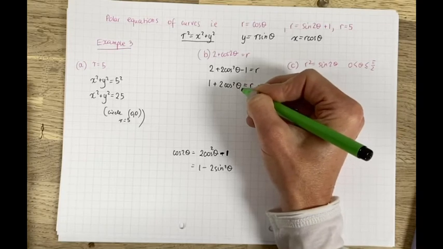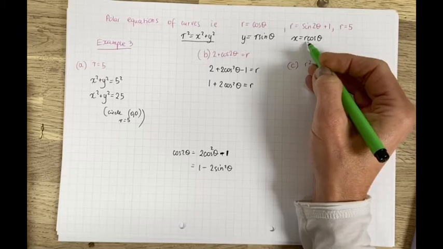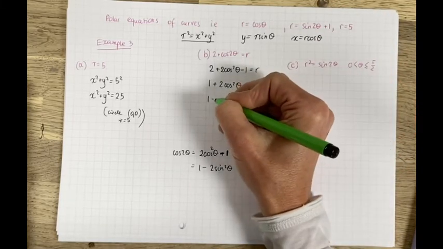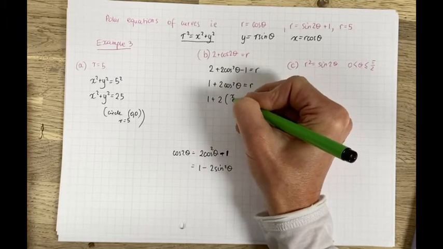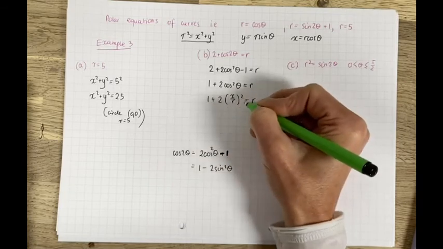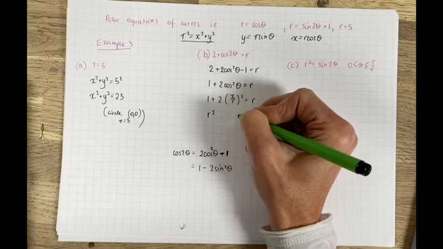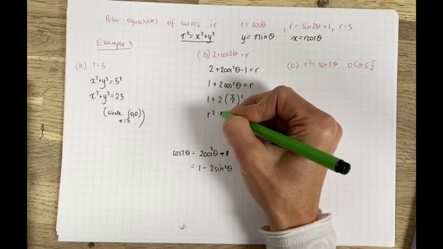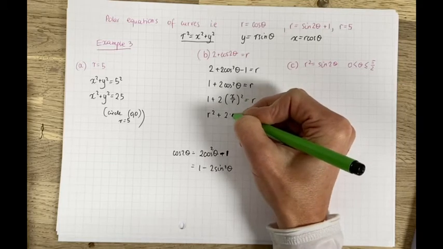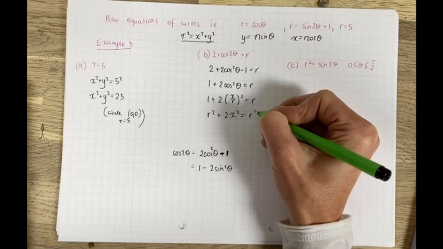Now that's still not very helpful, so one way of doing it is just replace your cos with x over r. There you go. Multiply everything by the denominator, which will be r squared, to get r squared, and then we're going to have plus 2 x squared is equal to r cubed.